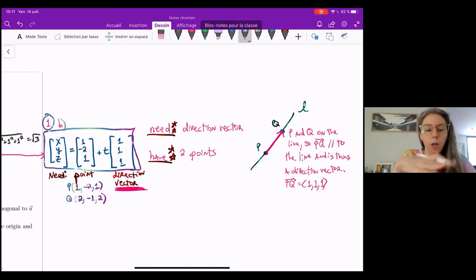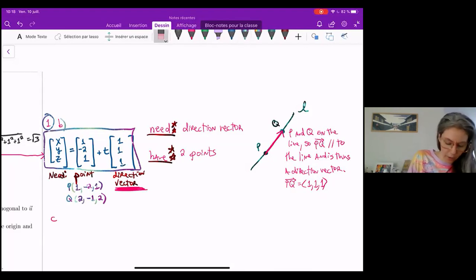Okay. Are there any questions about what we just did here? Then let's do 1C. Oh, the parametric equation. Thank you, Daniel. So for my parametric equation, so this was my vector equation.